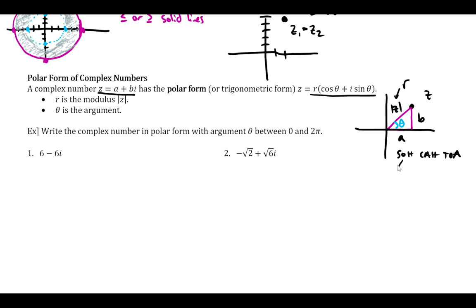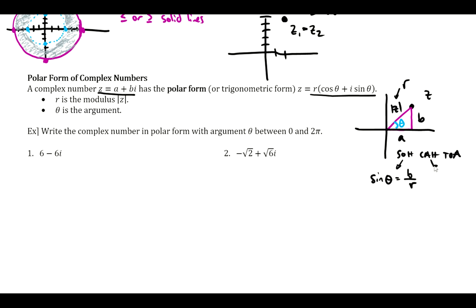So the sine portion, we would have sine of theta equals our opposite b over the hypotenuse, the modulus. Actually, I said z, but let's just do r.